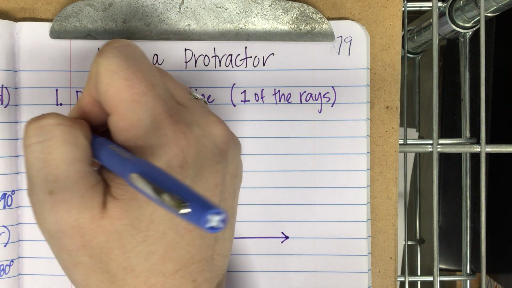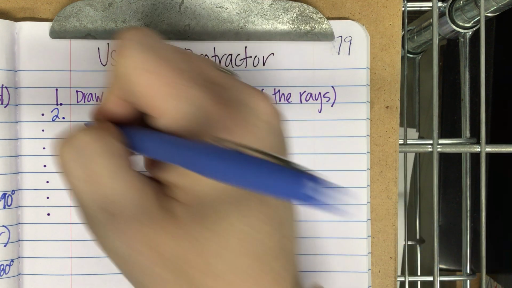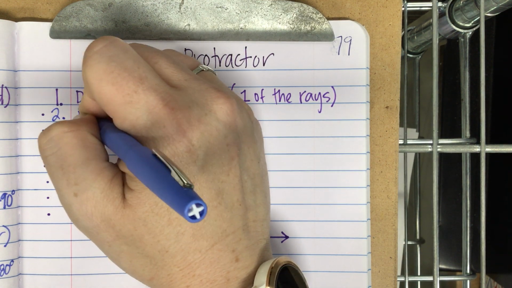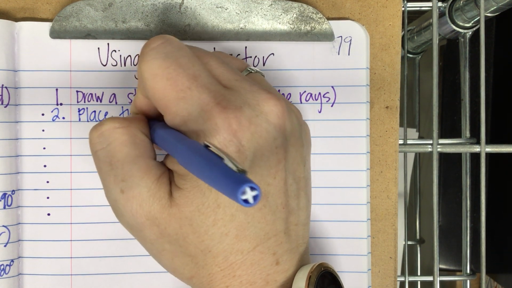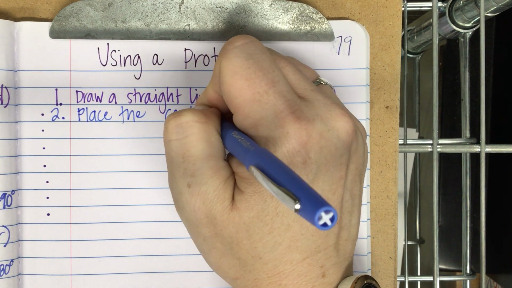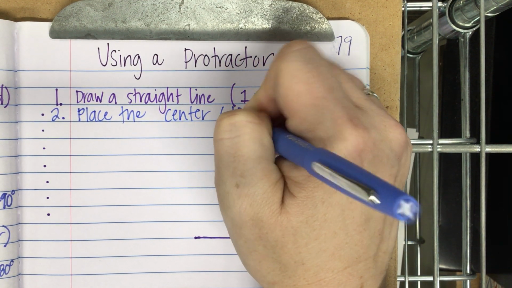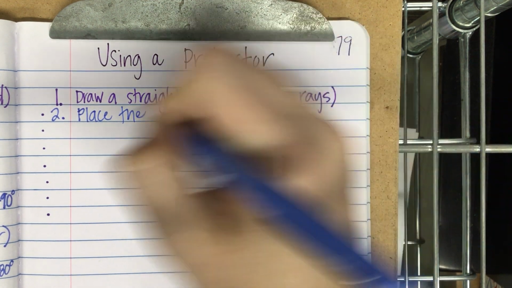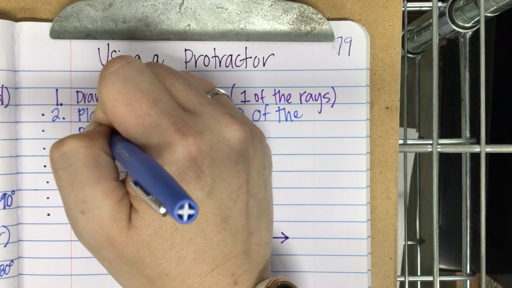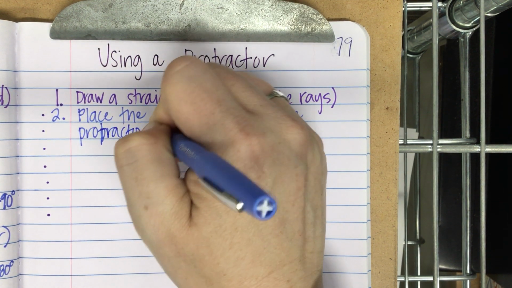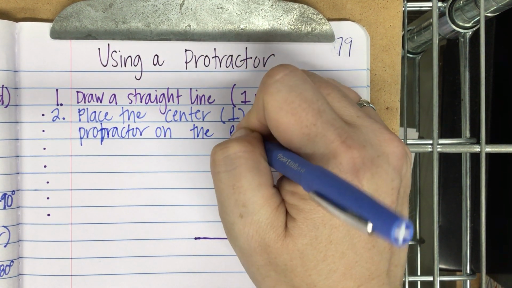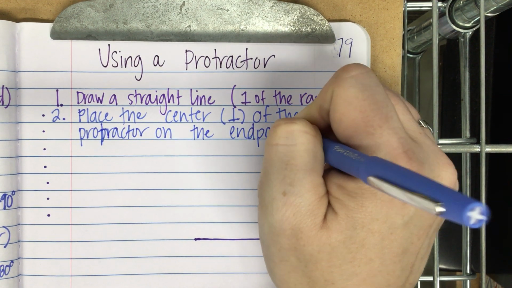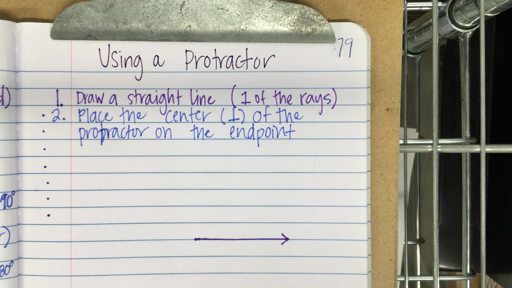After you draw the straight line, you're going to place the center, which is the upside down T, of the protractor on the end point.